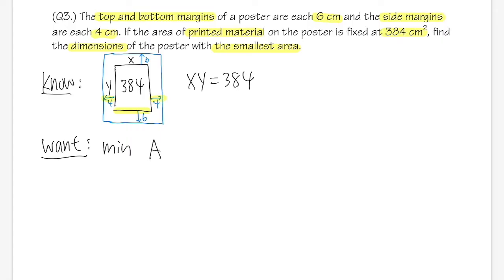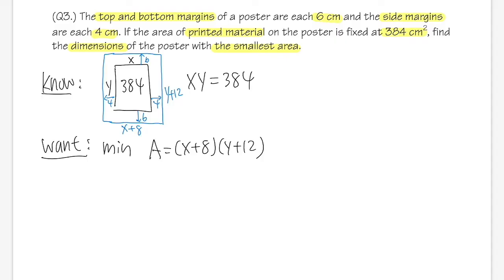So altogether, we have X plus 8. And for the side, we have the Y, and then we have the 6 here and 6 here. Altogether, we have a total of Y plus 12. So that means our area is X plus 8 times Y plus 12.